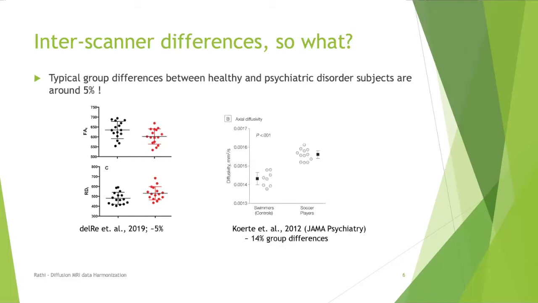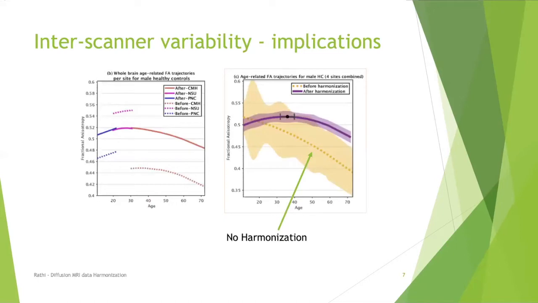You can imagine that if these subjects were to come from two different scanners, you would probably wash out almost all the differences between the groups. And this is what you can see in this plot as well.